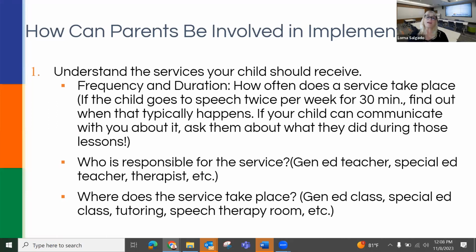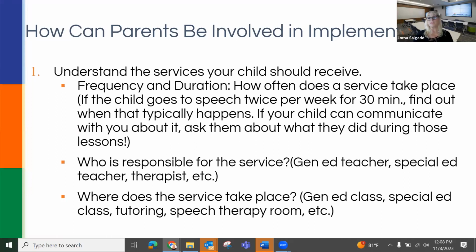But notice that I've put on here, if your child can communicate with you about it, always ask them. Like if they go to speech, ask them what they did there. If they can't tell you, that's a good time to call that speech therapist and say, hey, I'm asking about this and I'm not able to know what you're talking about. Can you help me? Because your goal is to ultimately follow through with that at home.